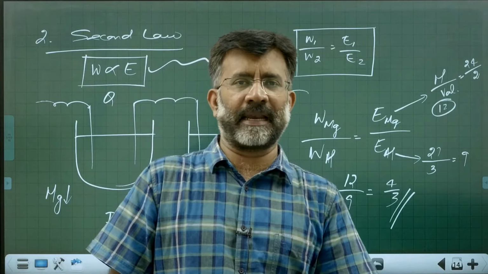The speciality of the mercury cell is that it gives a constant EMF, as no ions are involved in the reaction. Hence it is applied in most electronic devices. All of you know this is the mercury cell, and it gives a constant potential. This is the overall reaction for the mercury cell.